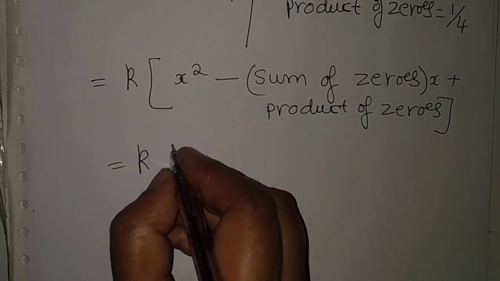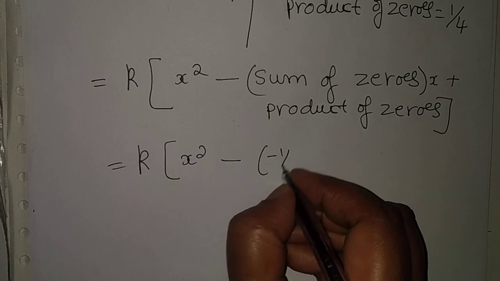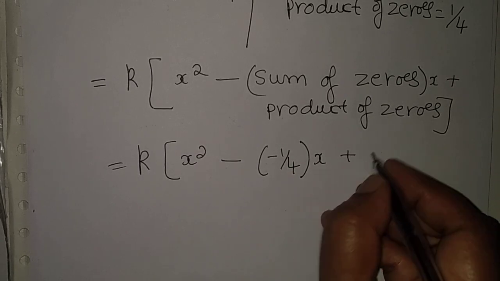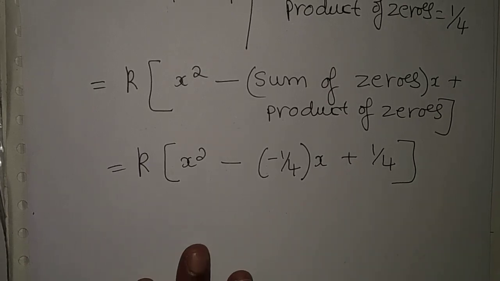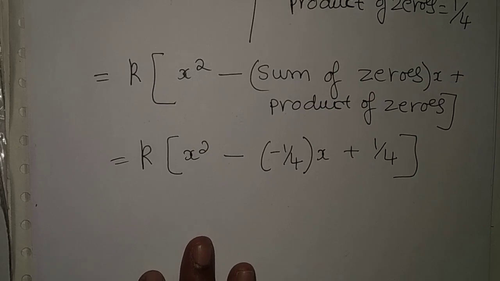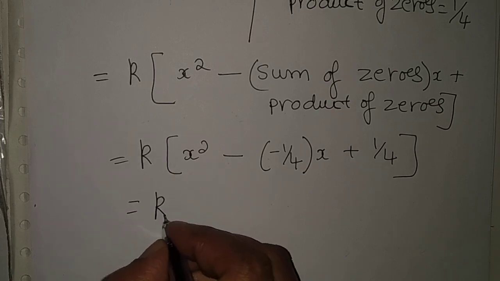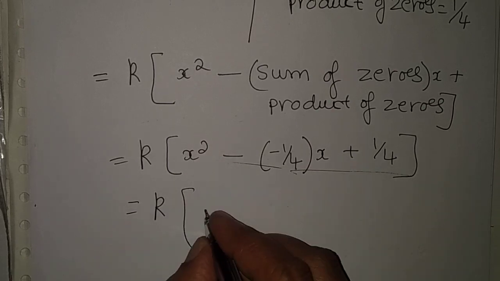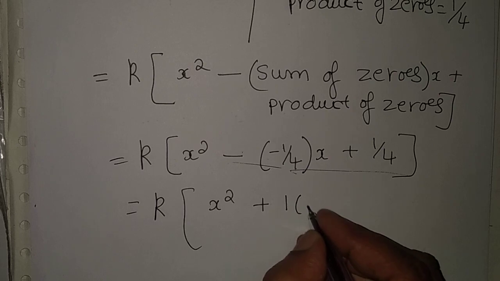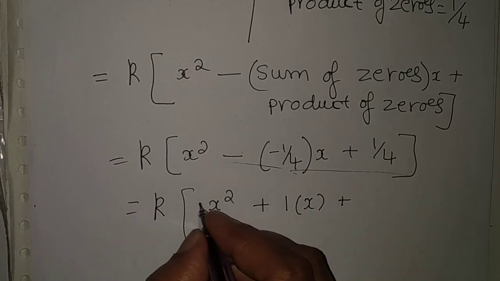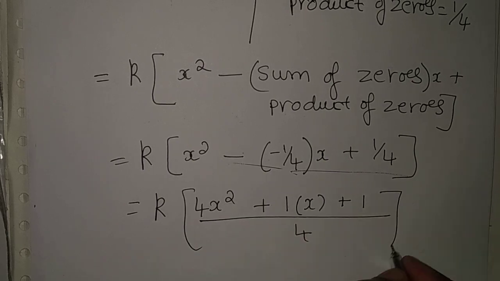Now substitute the values: x square minus minus 1 by 4 into x plus 1 by 4. Now simplify this, take LCM: 4 is the LCM, so x square, minus becomes plus, into x plus 1.